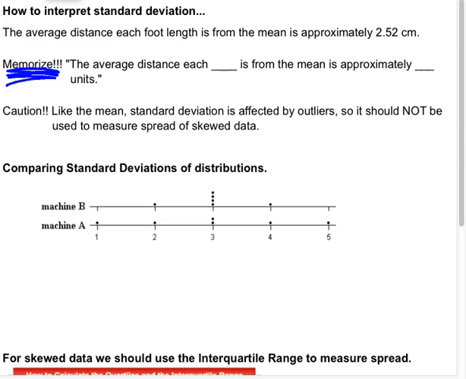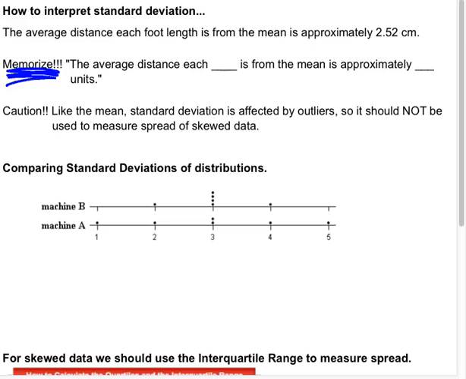The average distance each observation, so whatever your specific type of observation is, is from the mean is approximately blank, and then include the units, okay? So memorize that structure. That's going to be how you always answer if they ask you to interpret standard deviation. It's the average distance each observation is from the mean.